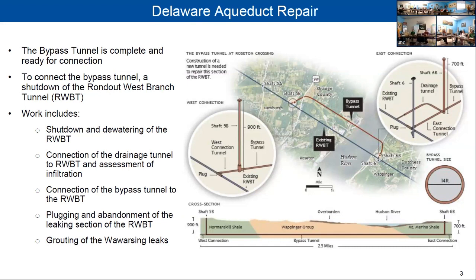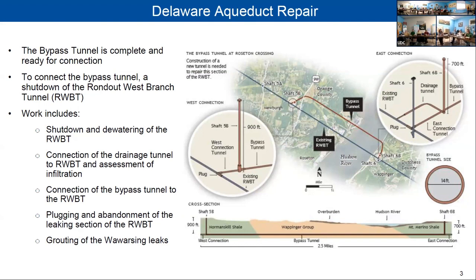Is there any chance of it collapsing once you dewater? It's a very small chance of it collapsing. That is one thing that we have heavily studied and done lots of engineering analysis on. It's in the back of everybody's minds as a risk. It's been a risk this whole time, but the chances of that happening are not great.